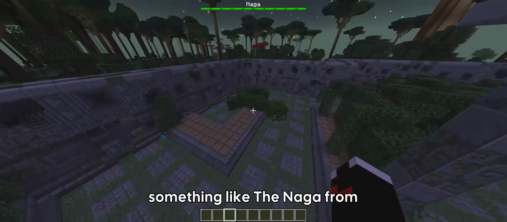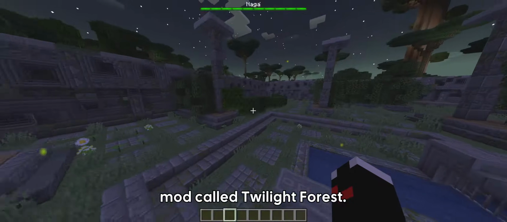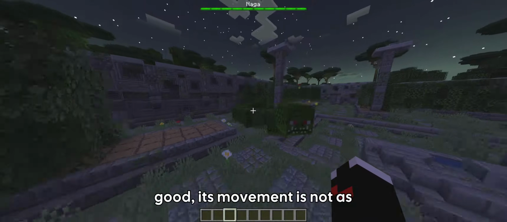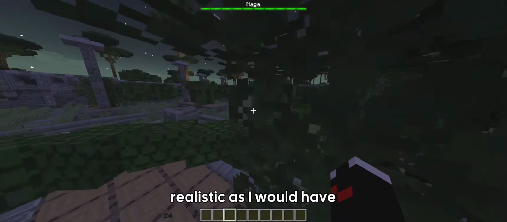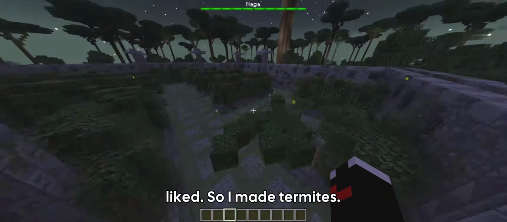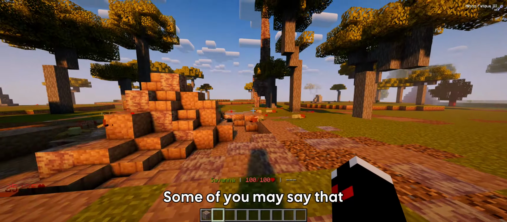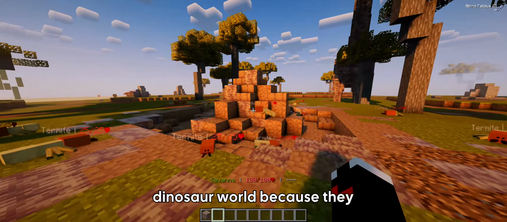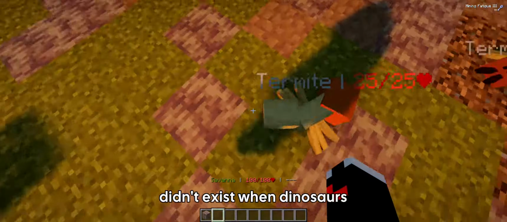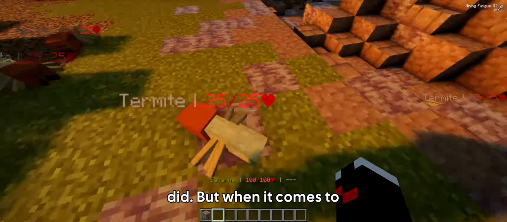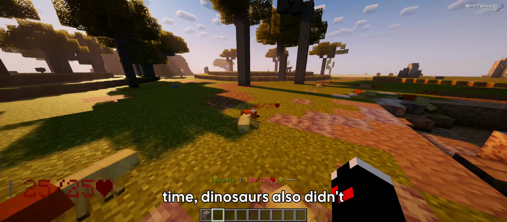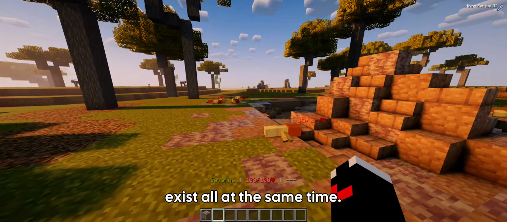You've probably seen something like the Naga from the mod called Twilight Forest, and even though it looks good, its movement is not as realistic as I would have liked. So I made termites. Some of you may say that they don't fit in my dinosaur world because they didn't exist when dinosaurs did. But when it comes to time, dinosaurs also didn't exist all at the same time.